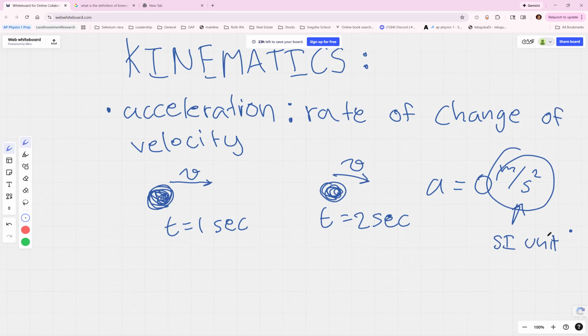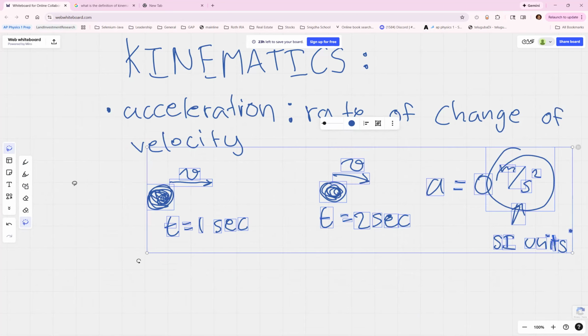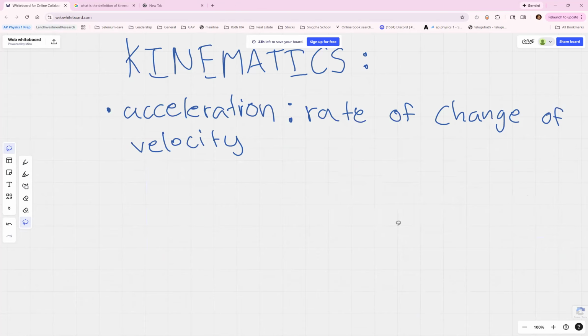Okay, so now this is just a basic understanding of what acceleration is, and this is a very simple example. But now let's say your object is accelerating, which means it's not moving with a constant velocity. That's really important to remember. If an object is moving with a constant velocity, let's write that down, constant velocity equals 0 meters per second squared.